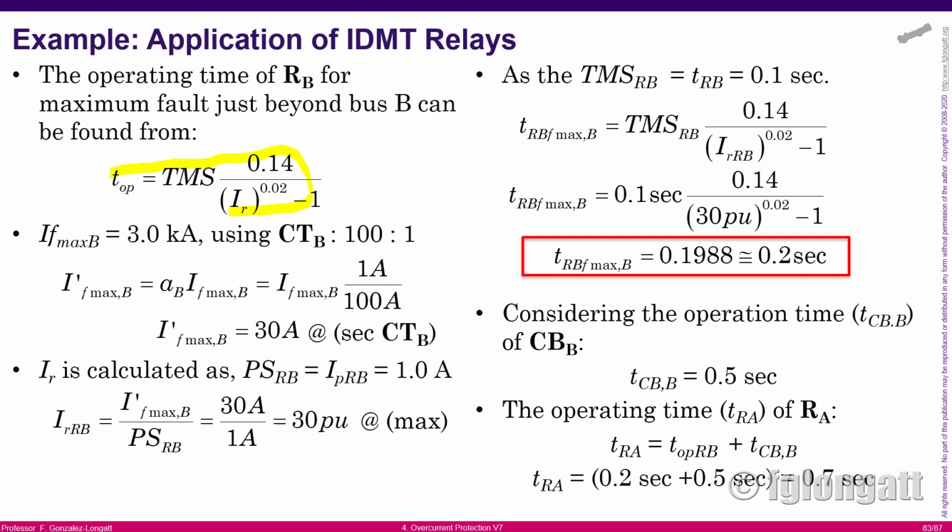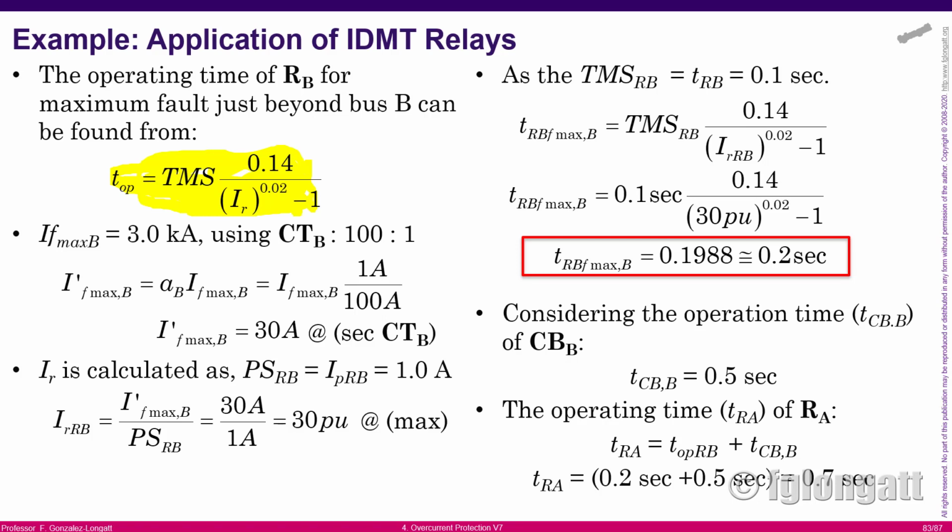This equation defines the operating time of both relays. Both of them have the same operating characteristic. Because of that, it is extremely simple for us to obtain the operating time for relay B, okay?